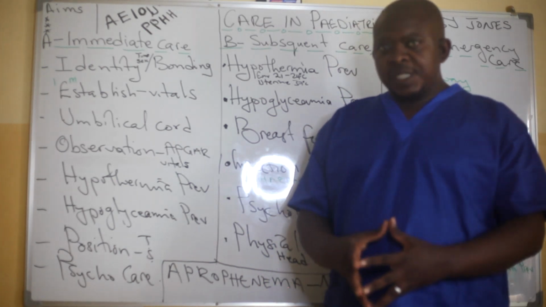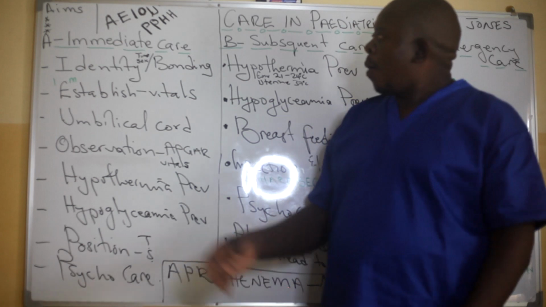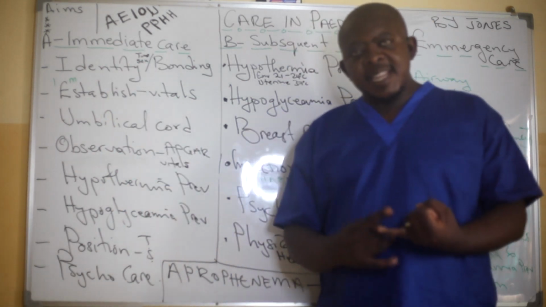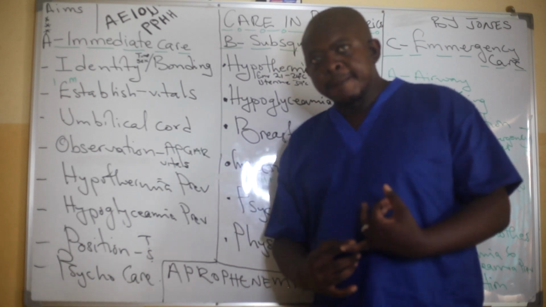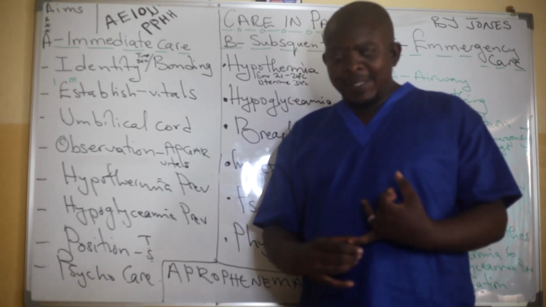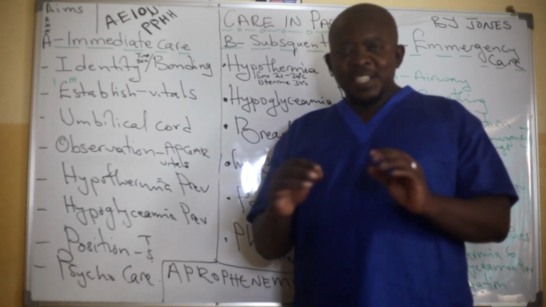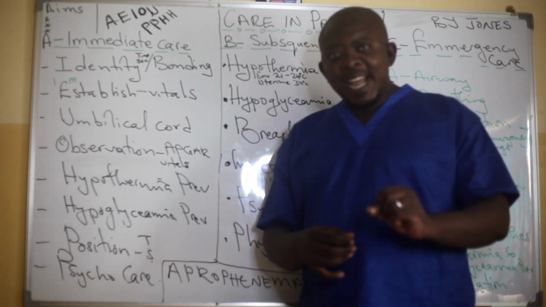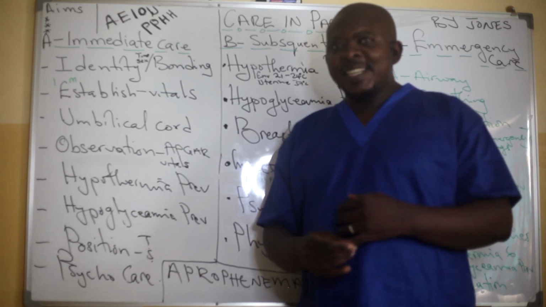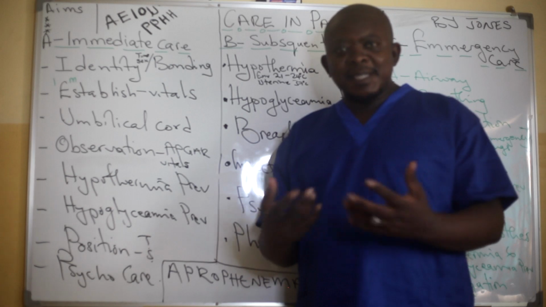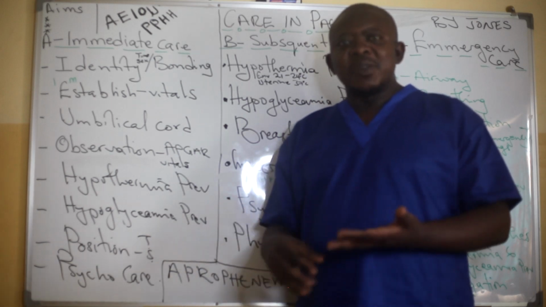Let us add more details to this. When we are looking at identity, we have to identify the time the baby is born. This is very important so that we give the child their birthday and time. So the time and date the child is born. But I'm thinking by the time the mother is coming, you would have already recorded the date.